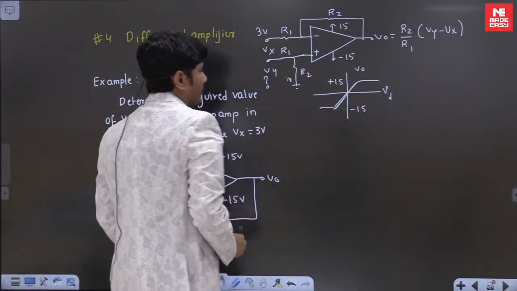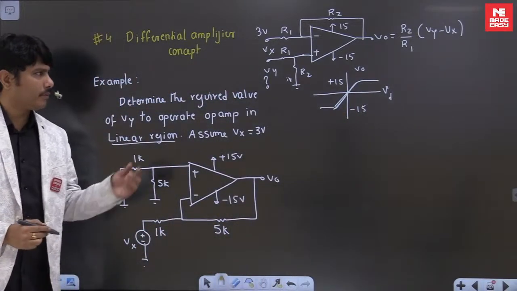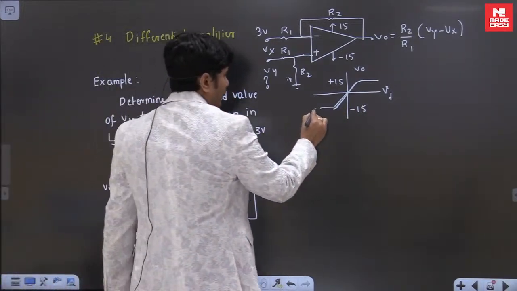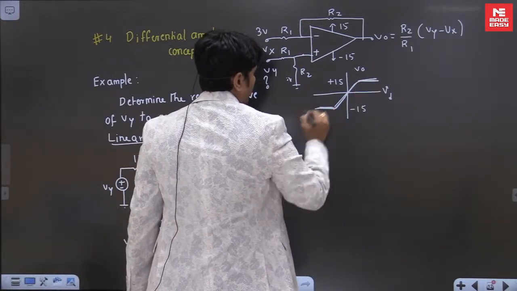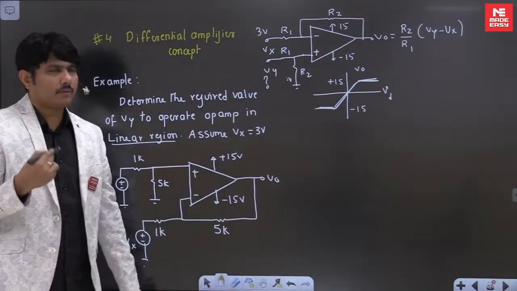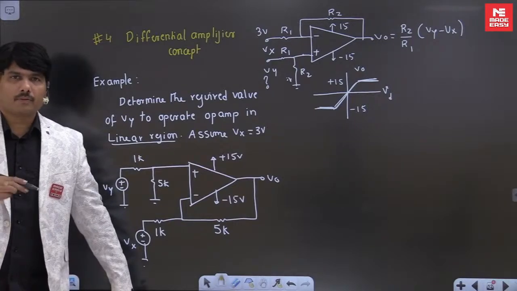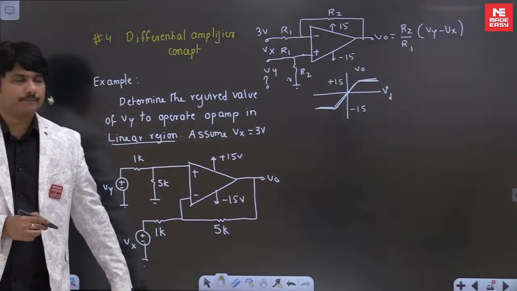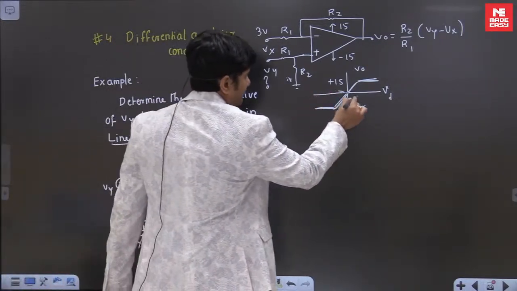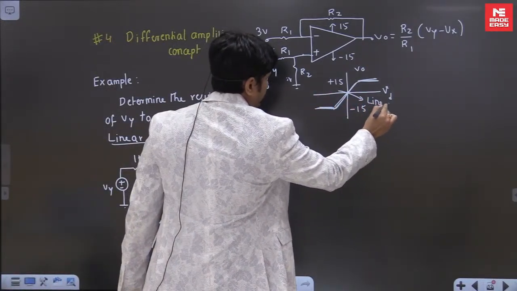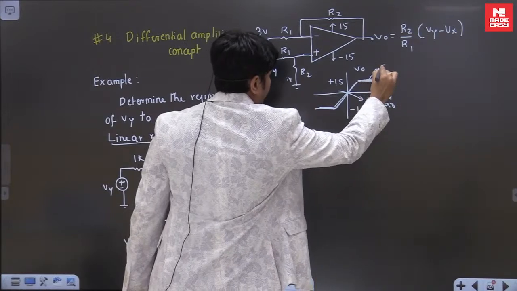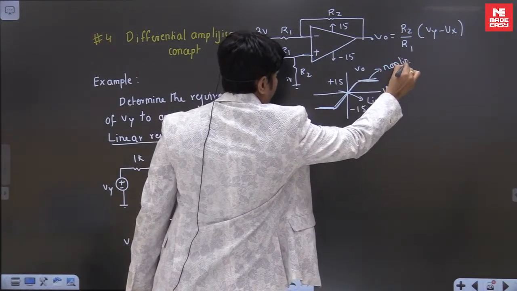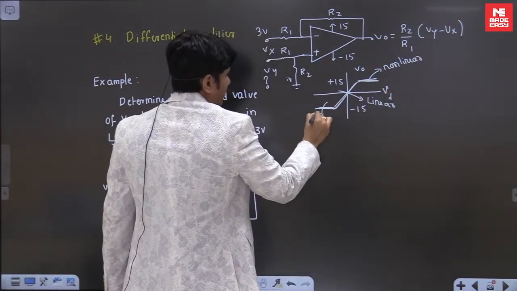This portion we consider as linear. Above this portion is non-linear. We don't want to go above plus 15 or below minus 15. How much input we have to apply is what the question asks. This is the linear region, this is non-linear. You should not go beyond into the non-linear. It should be in linear, he is asking.